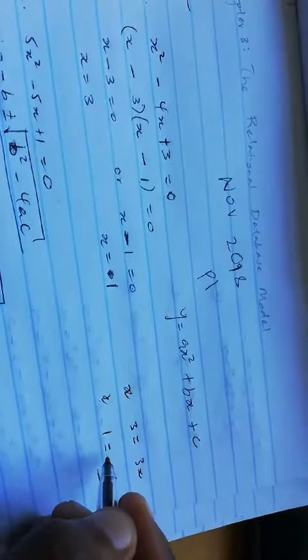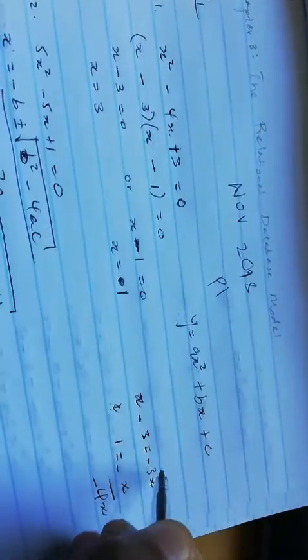Because now we have 3x and x, they should both be negative. If they're both negative, you're going to get negative 4x. So when you multiply x by -3, you get negative 3x.